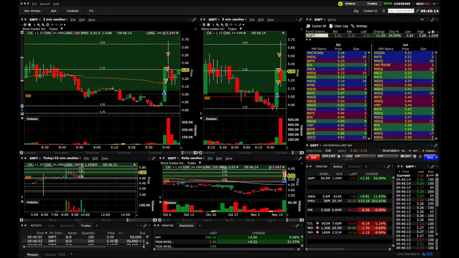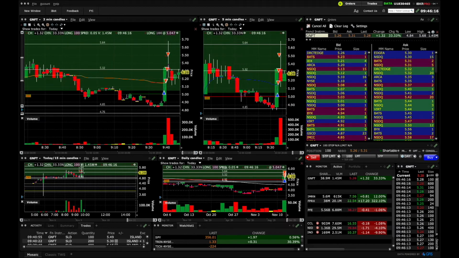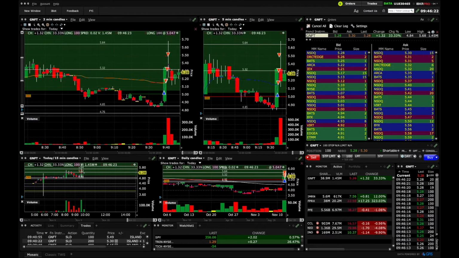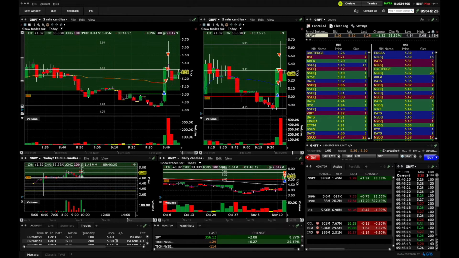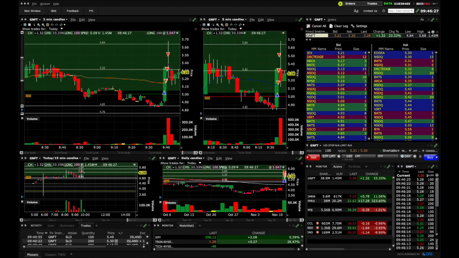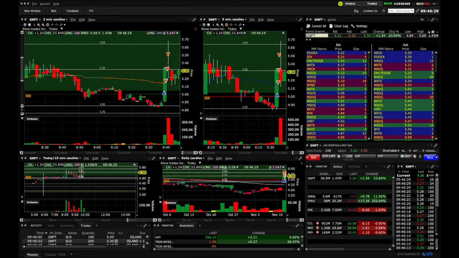Okay, 530, that's looking good. Let it break the 530 and then it can run. See, it's building a reversal, which is a nice one, but it has to break and be stable over the 530.